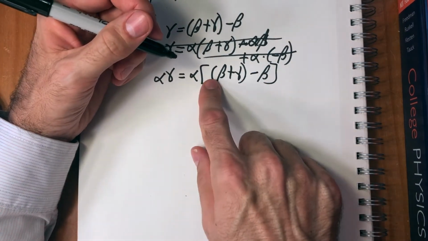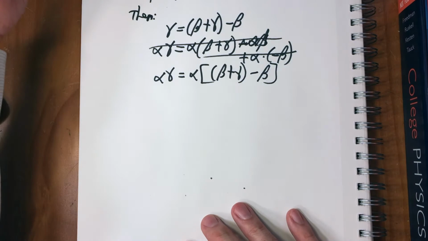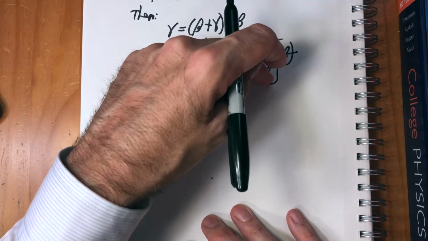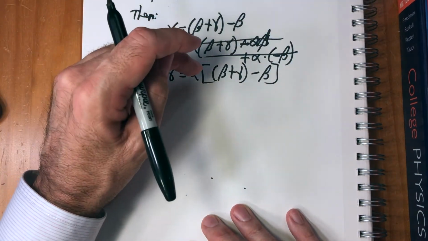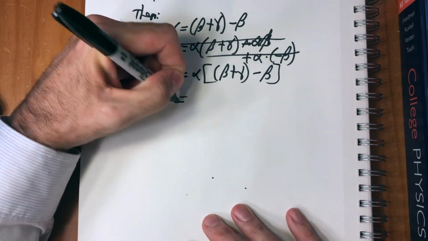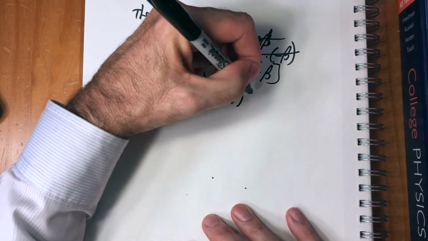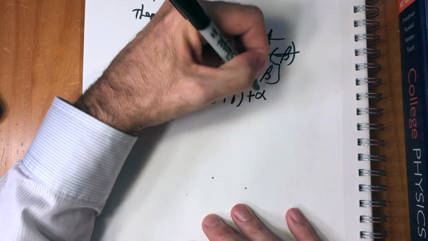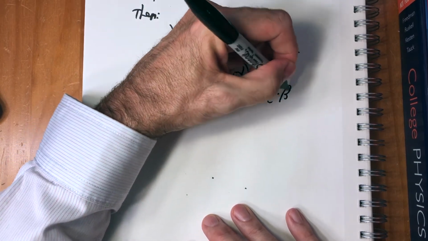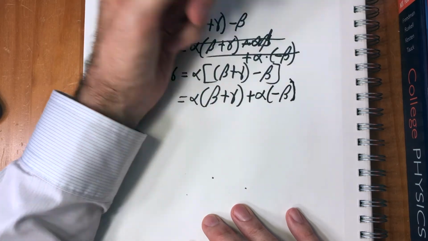So we can distribute the alpha through this. We couldn't do that without what we just did with the distributivity property for positives. But we know that it holds now, so now we can distribute this through. So alpha times beta plus gamma, plus alpha times minus beta.